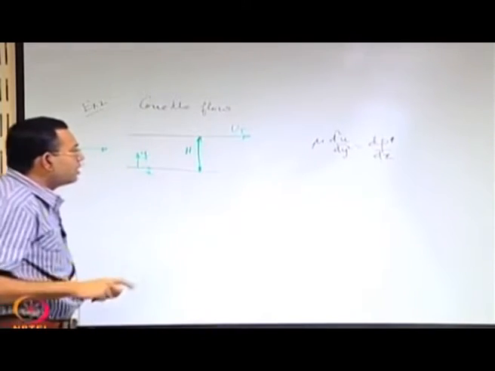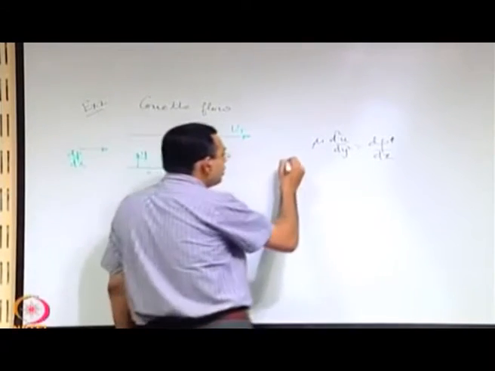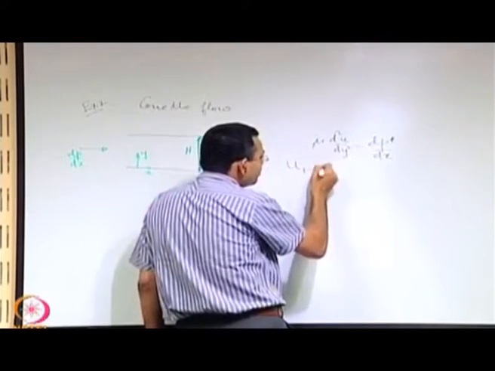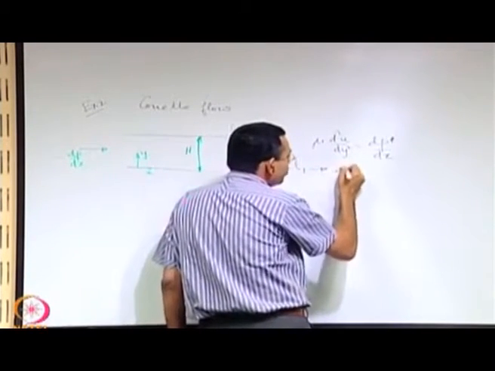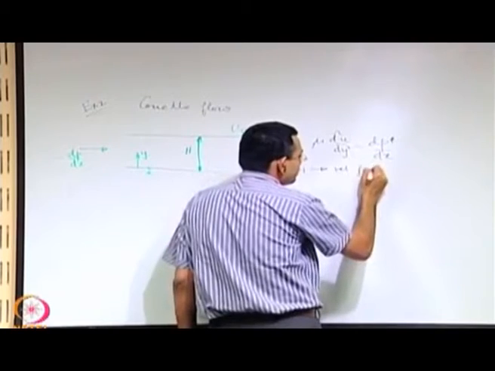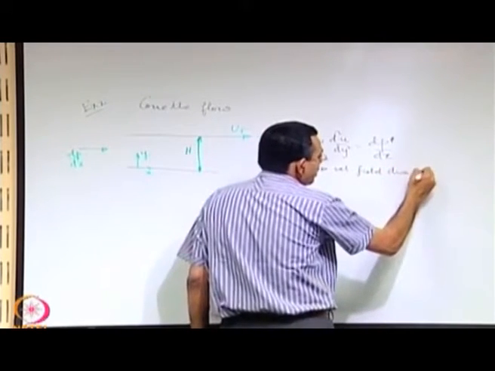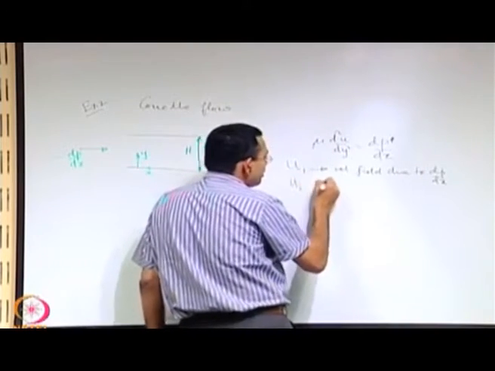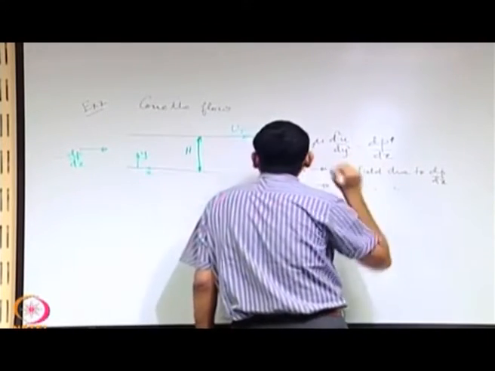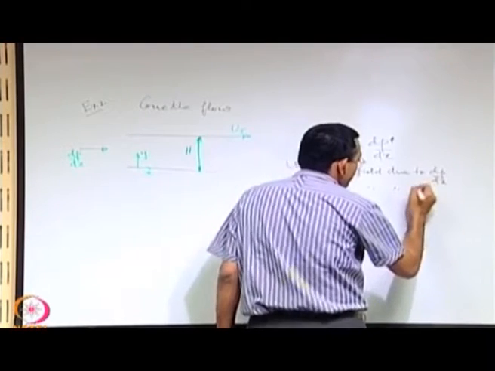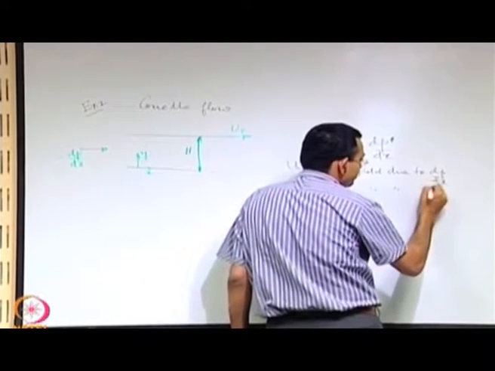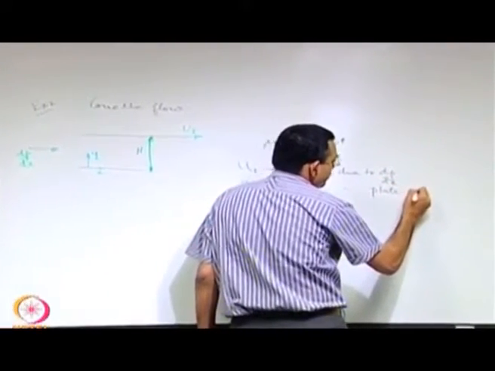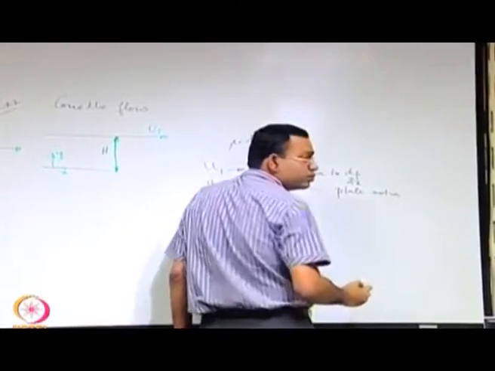So, we will consider that u1 is the velocity field due to the pressure gradient, and u2 is the velocity field due to the plate motion, that is, the induced shear.